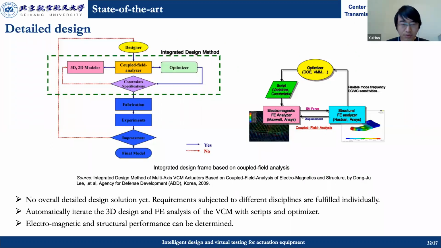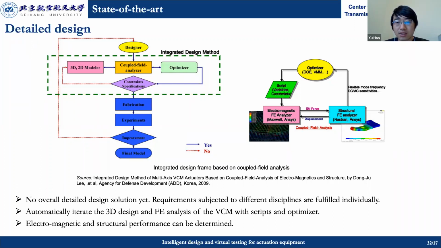And then we come to the detailed design. Detailed design is much more complex. There is no all-in-one detailed design solution yet. Usually the detailed design is still implemented in individual disciplines. For example, we can see the figure here. This is an example of designing the electromagnetic and structural characteristics of an electric motor.